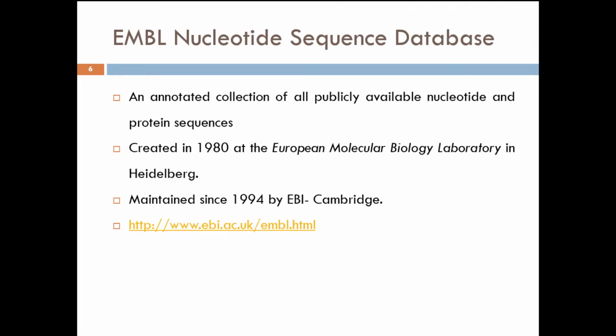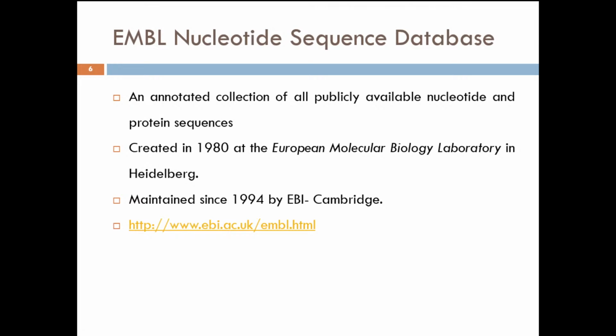You have to annotate. In annotation, you put whatever sequence is there, whether that is coding sequence or non-coding, intron or exon, where is the promoter, where is the operator, where is the enhancer, where is the silencer. So all the values you can add in that. You can tell that starting from this base to this base it is promoter, starting from this to this it is non-coding, starting from this to this it is coding.